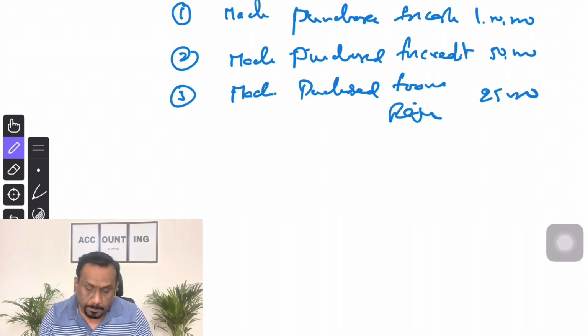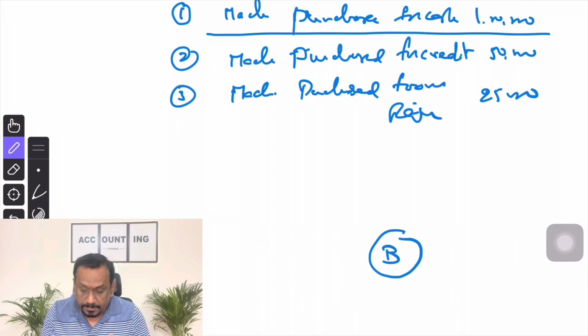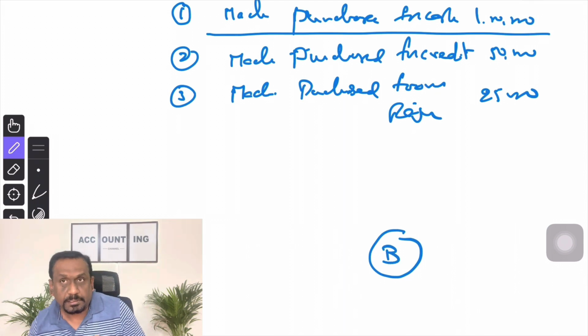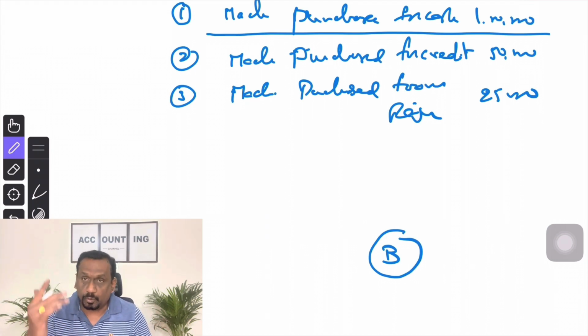First one, machinery purchased for cash. What did I say in my previous video? We always need to prepare these journal entries from the business point of view. When I purchase machinery for cash, we need to ask two questions: what comes in, what goes out.